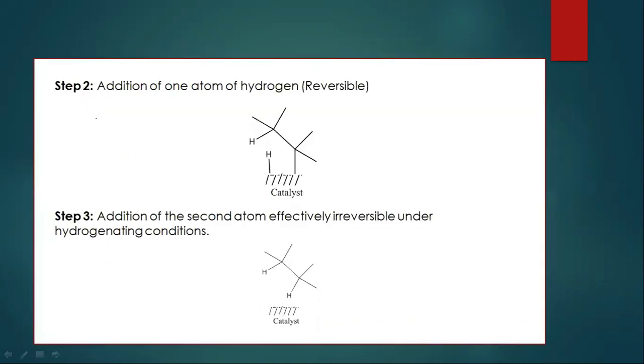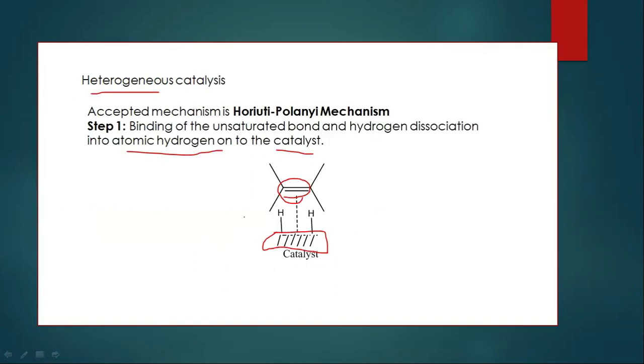Next is step two, the addition of one atom of hydrogen. In the previous step, two hydrogen atoms were already adsorbed over the catalyst surface, and a binding interaction is occurring between the catalyst surface and the alkene system.